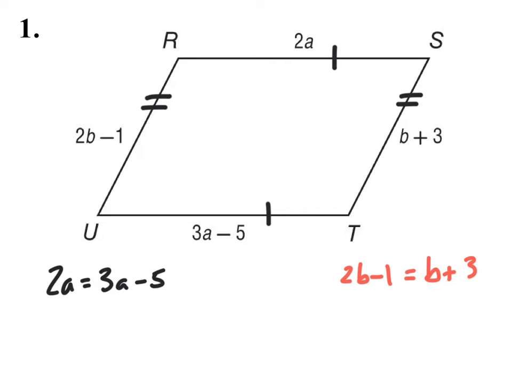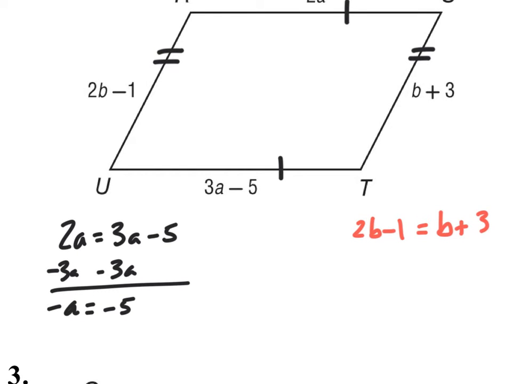So what I'm going to do here is subtract 3a from both sides on this first one. That's going to give us negative a is equal to negative 5. And if I divide everything by negative 1, I get that a is equal to 5. So that's my value for a.